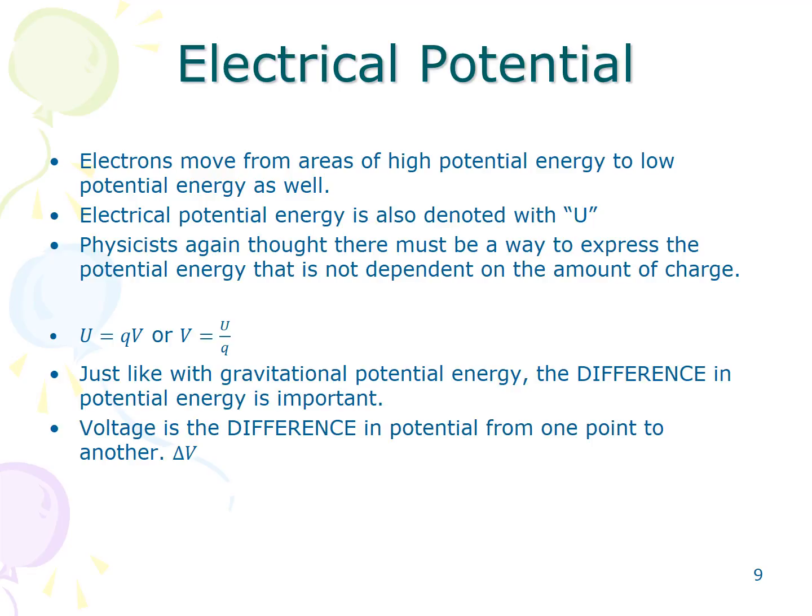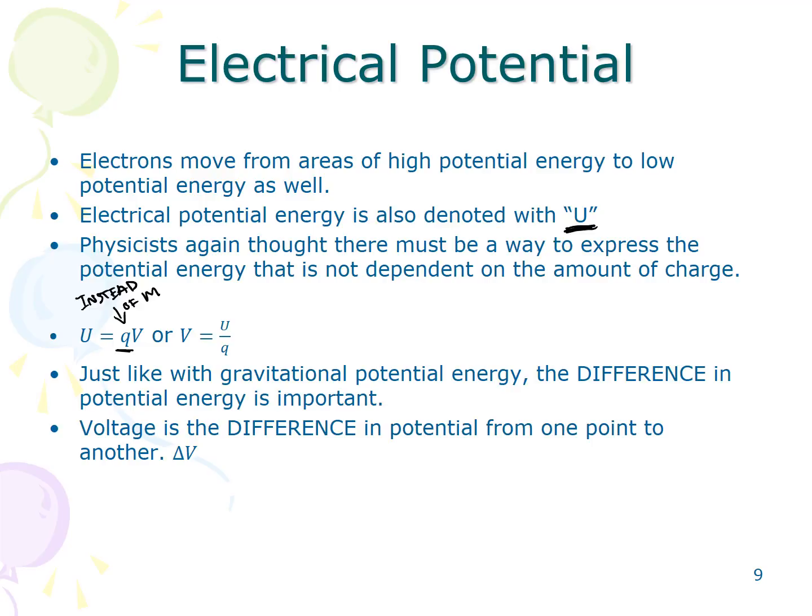Electrical potential energy is still denoted with the letter U. And instead of being dependent on mass and position, they have Q instead of M. So they're talking about how much charge you have instead of mass.